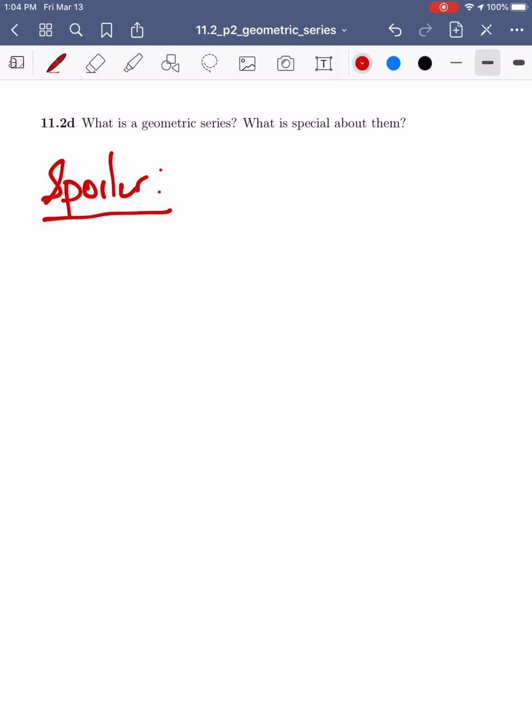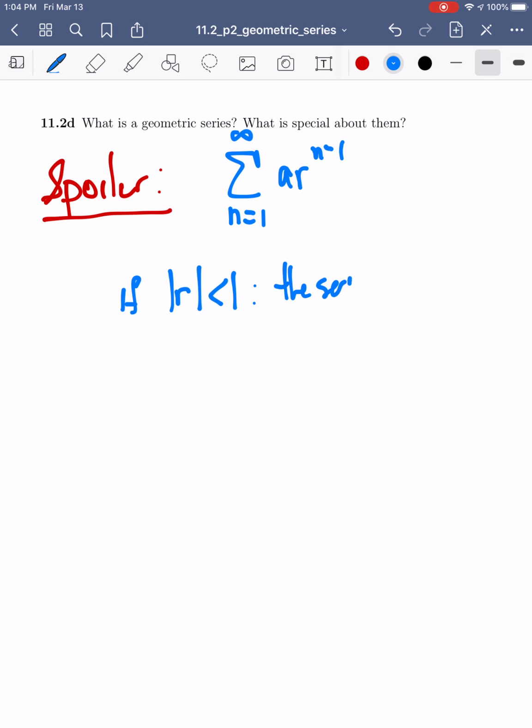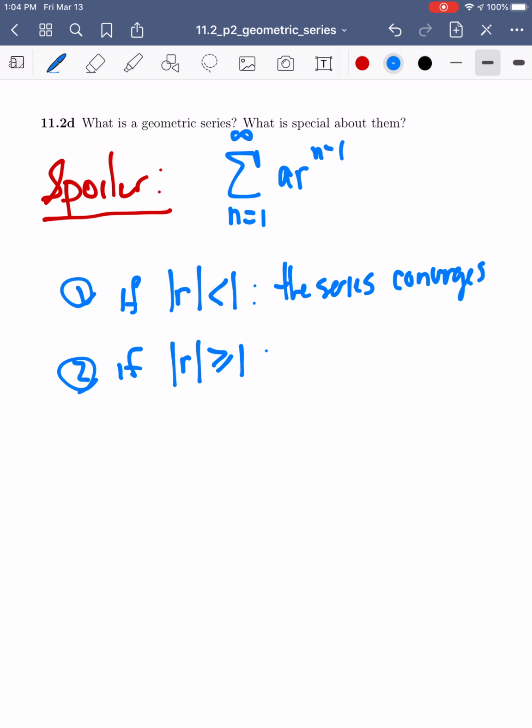Basically, the spoiler is if we have a geometric series, the series from n equals 1 to infinity of a times r to the n minus 1, we see basically number 1, if r is less than 1 in absolute value, the series converges. Number 2, if r is greater than or equal to 1, the series diverges.